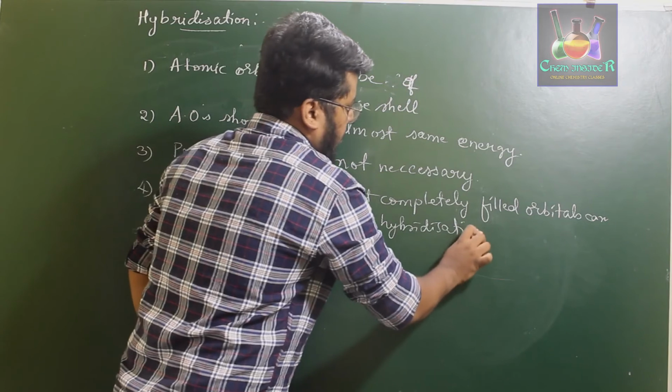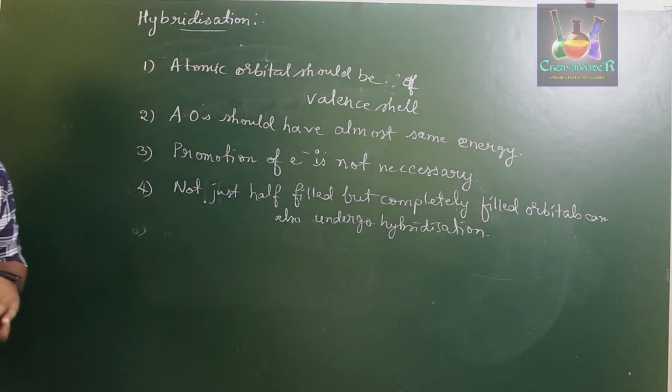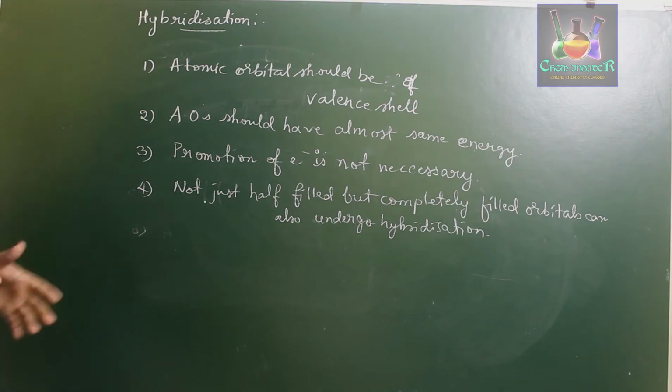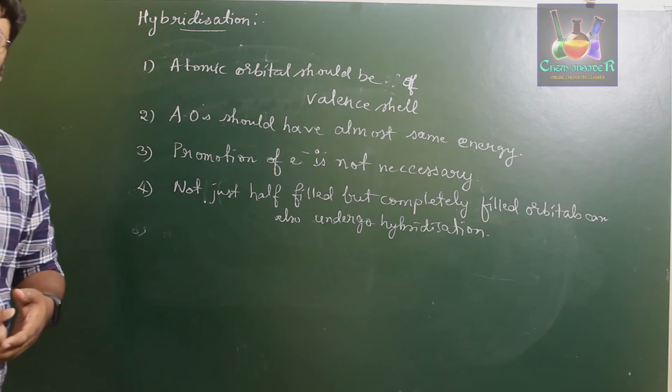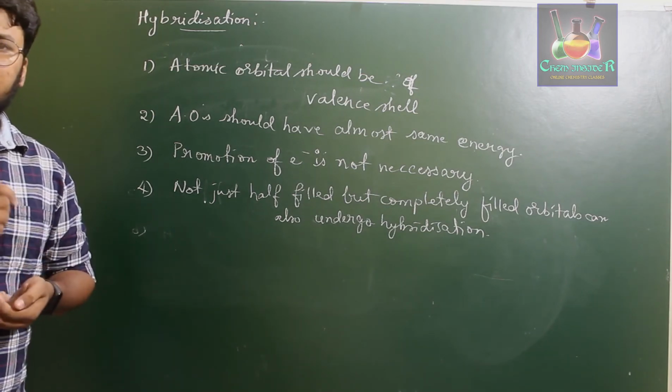That is, not just half-filled orbitals should be undergoing hybridization. Completely filled orbitals can also undergo hybridization according to the hybridization concept of Pauling.